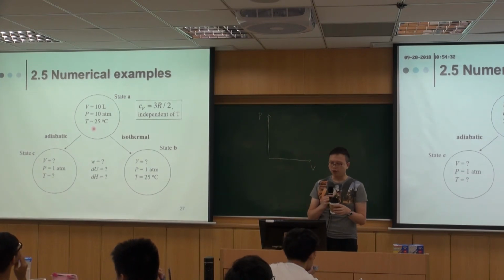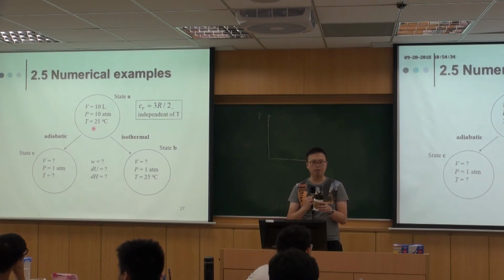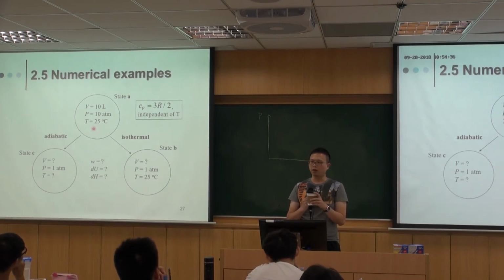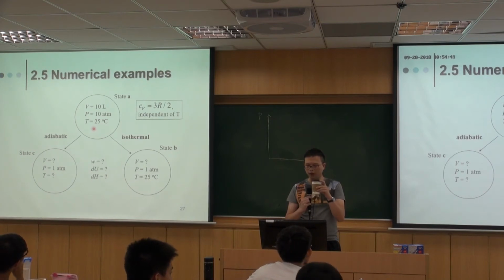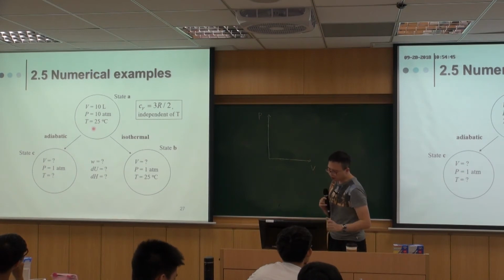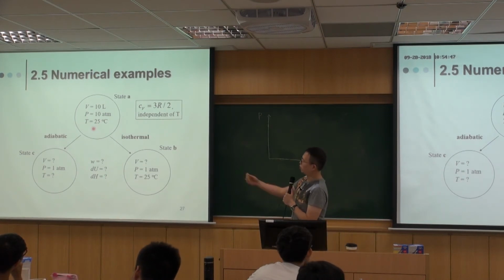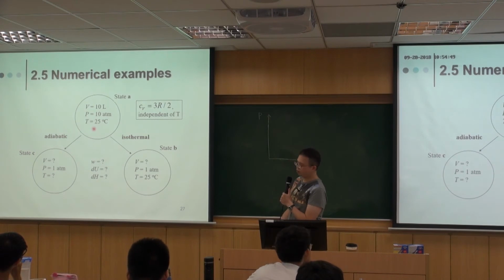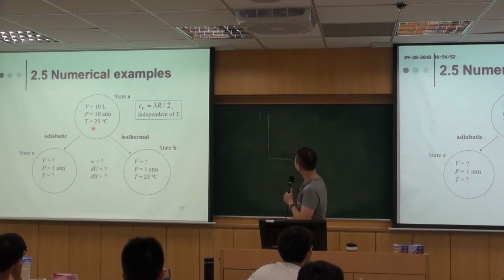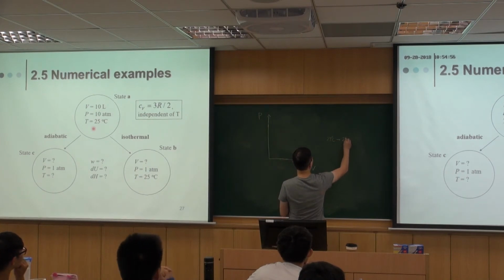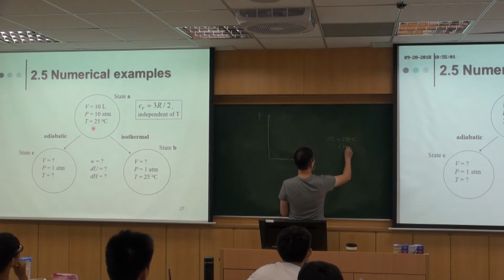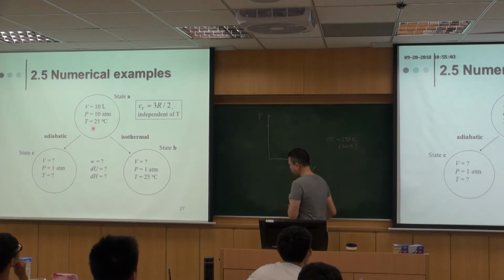Typically you will get something like 10% off from the standard answers they provide. So the first thing is to convert 25 degrees Celsius into Kelvin, which is 298, or you can use 300 Kelvin.